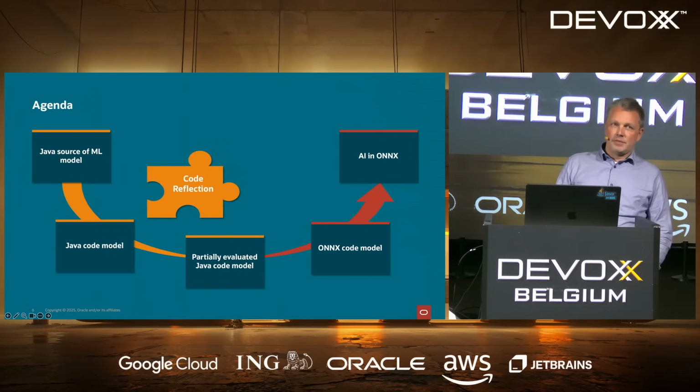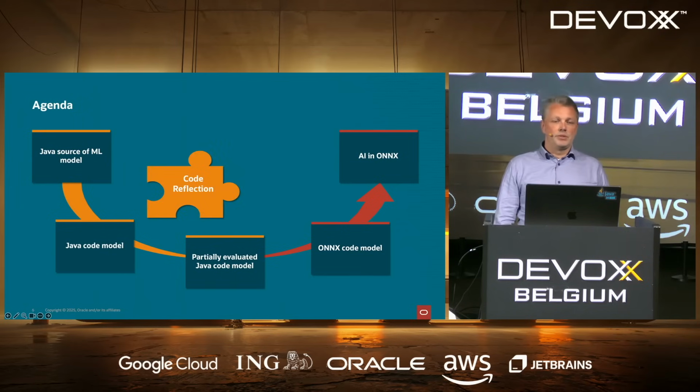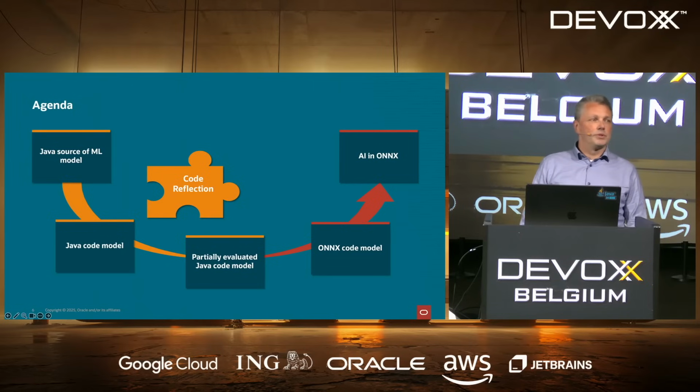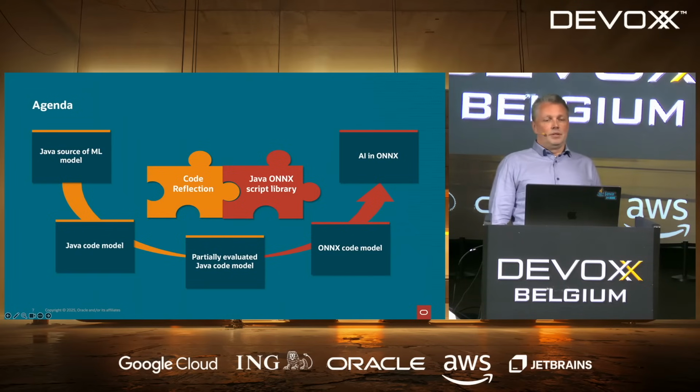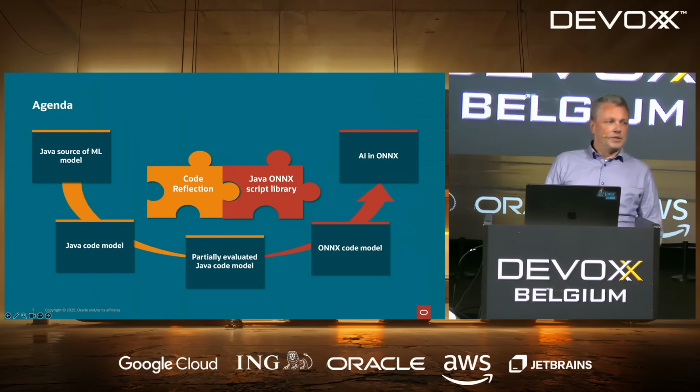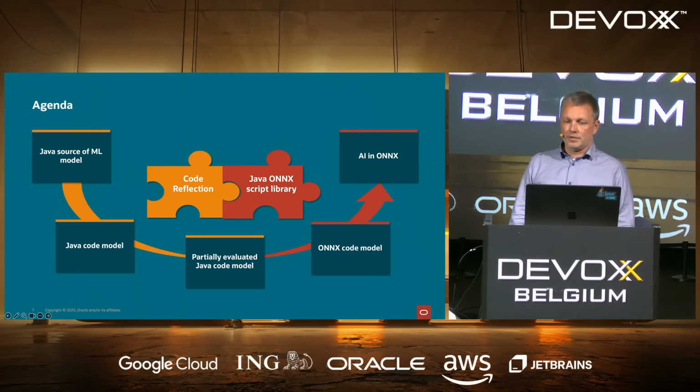So there are several pieces of the puzzle we need. I already mentioned the code reflection part of Project Babylon that enables all the functionality, but it would not be enough to leave the Java world. So we prepared the Java ONNX script library that will help us with the second half of the path.